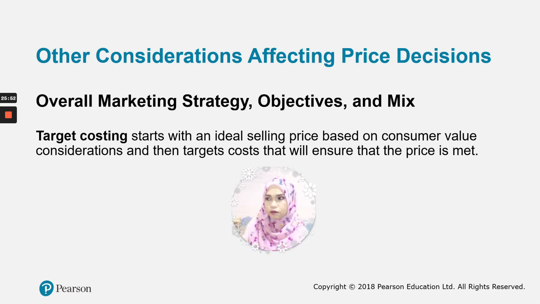When you have that in mind, you will know how customers value the product. From there you set the target cost. That means if I put this product into the market, how much cost will I incur? Will it actually exceed the price or the value that the customer is willing to pay to get the product?